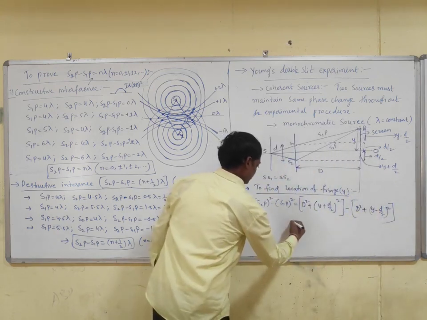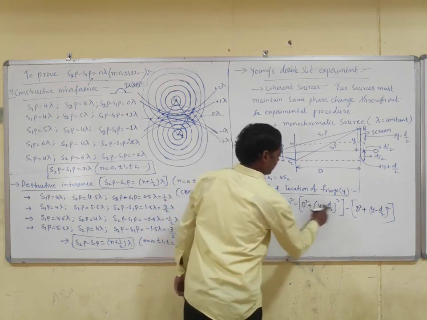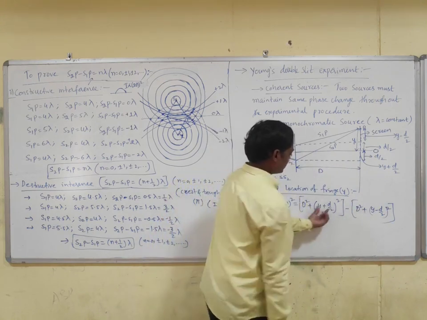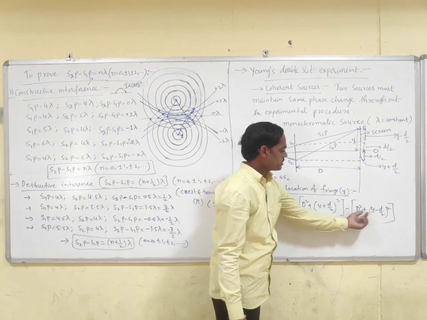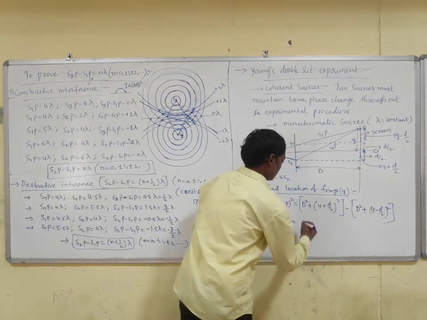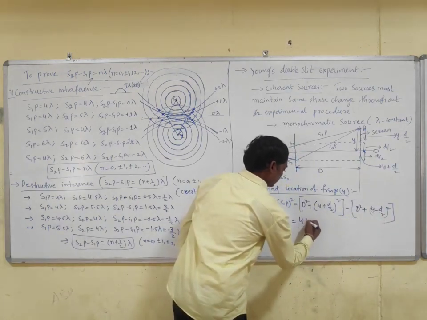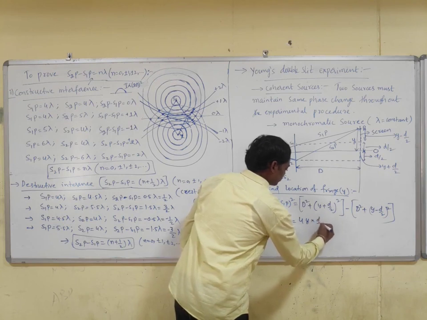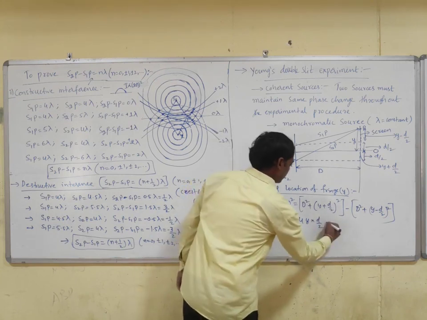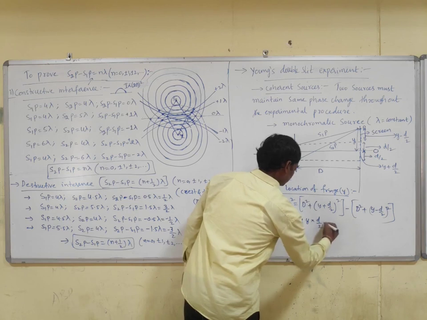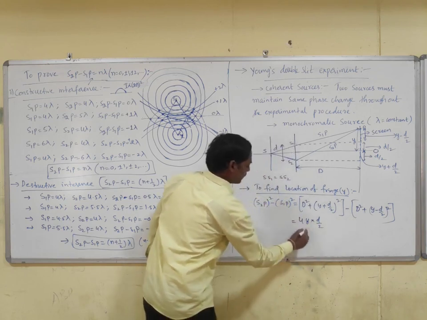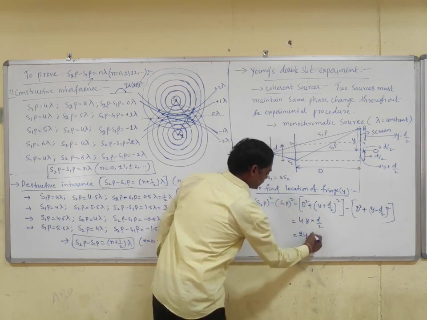So expand this. D square minus D square gets cancelled. It is (a plus b) whole square minus (a minus b) whole square, which will be equal to 4 times a into b. So it will be equal to 4 by 2 is 2, 2yd.